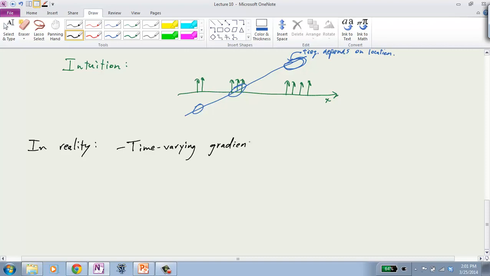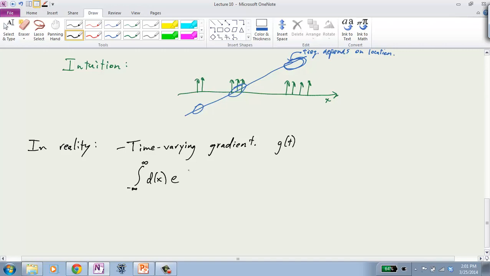And when you have a time-varying gradient, so we can call this g of t, the gradient at each moment in time. You're changing it with time. Then what you're actually getting back instead is an integral of this density.